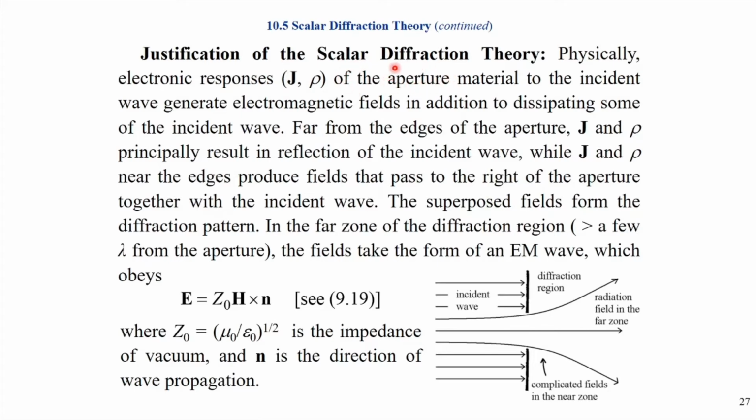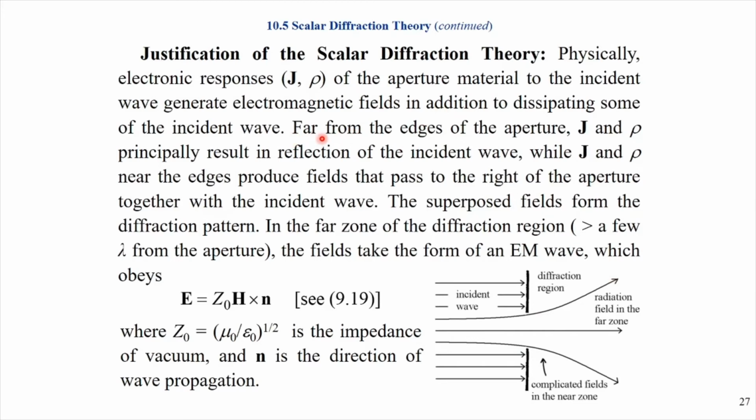Aperture means a small hole, such as a single slit. When the incident wave hits the aperture material, it generates electromagnetic fields, in addition to dissipating some of the incident wave. So the incident wave will generate J and rho, and J and rho as a source will radiate and generate more sources.